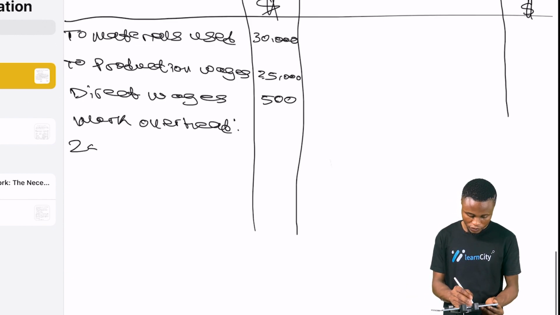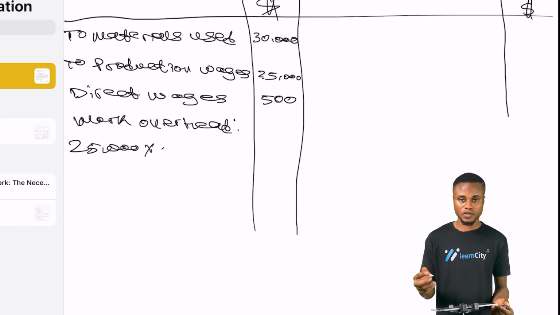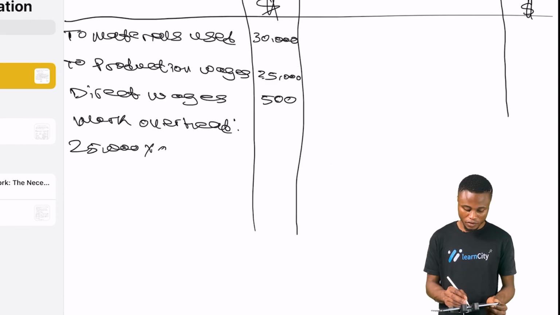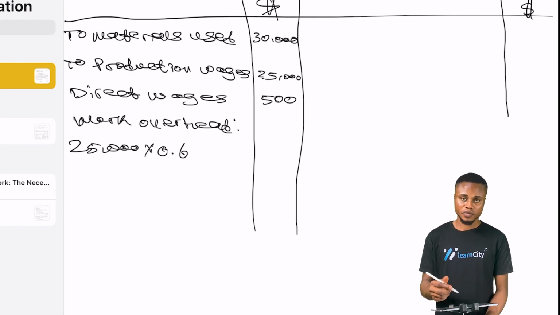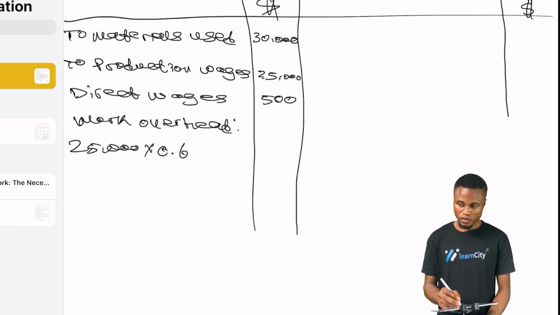It will be 25,000 multiplied by the 60%. The breaking down of 60% is 0.6. If you multiply 25,000 by 0.6, you are going to get 15,000. So the 15,000 is free to come here.